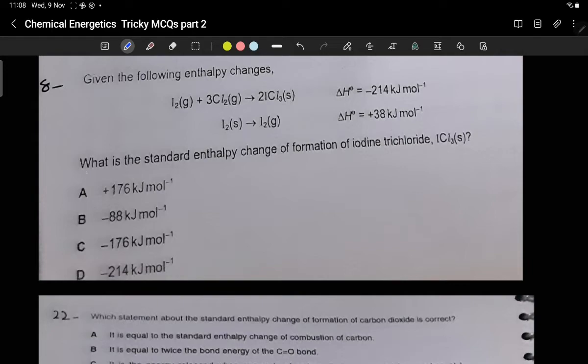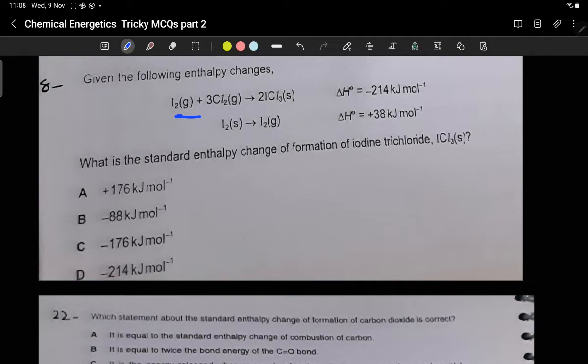Given the following enthalpy changes: I2 gas plus 3Cl2 chlorine to form 2ICl3, iodine trichloride, and delta H for this reaction is minus 214 kilojoules, and the enthalpy change of I2 solid into I2 gas is plus 38.